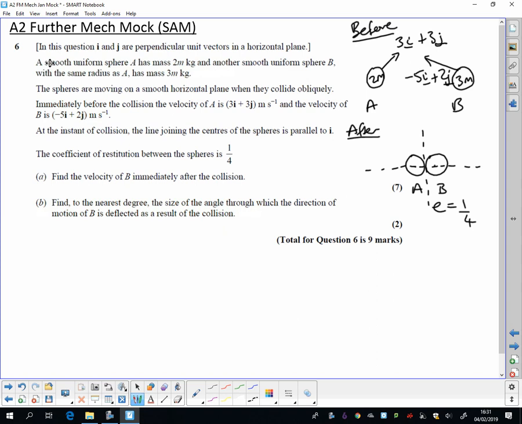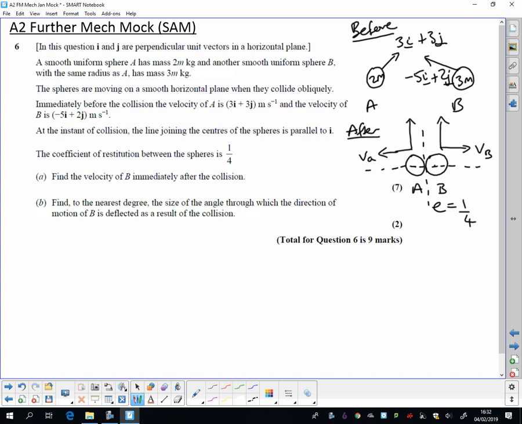This is at the moment just after they collide, and to help with this question I'm going to look at their velocities in two components. I'm just going to call that the velocity of A and that the velocity of B.